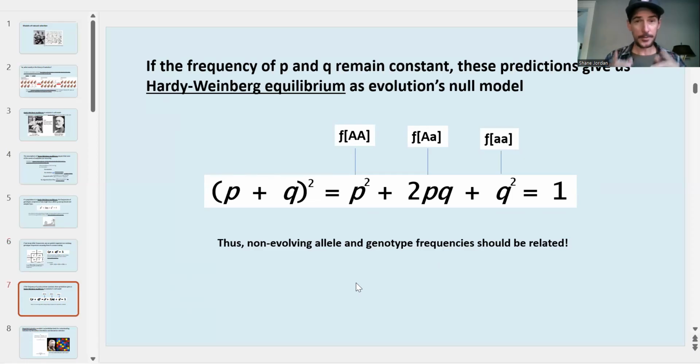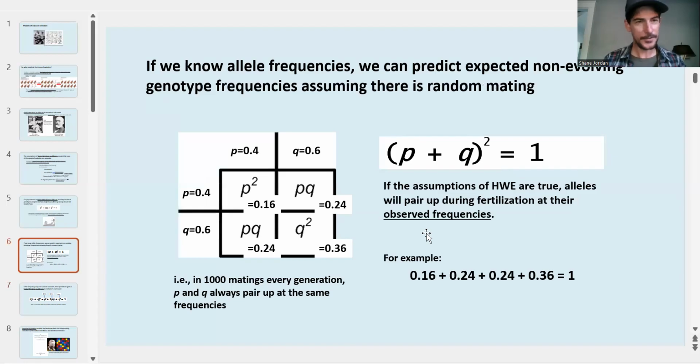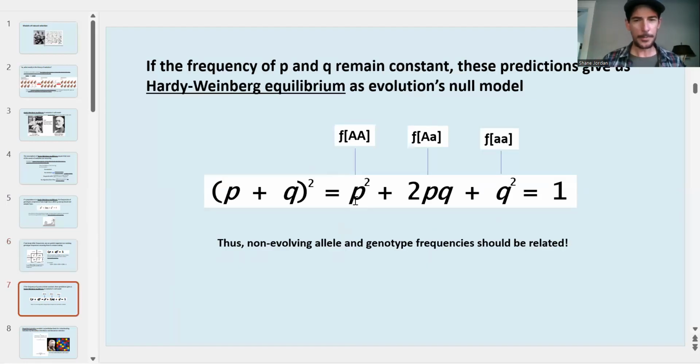Now, an important thing to recognize in this is that these different components of the equation directly relate to the frequency of the different genotypes, as we saw in this simple derivation of the equation. P squared represents the frequency of individuals who are homozygous for P. We could think of that as the frequency of individuals homozygous with big A. Likewise, 2PQ represents the frequency of individuals who are heterozygous.